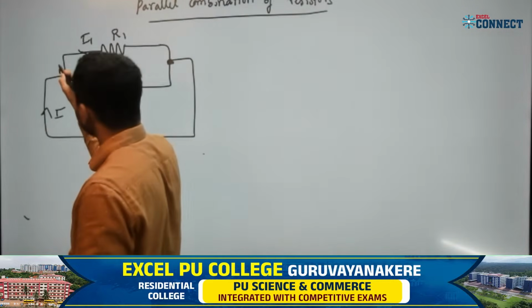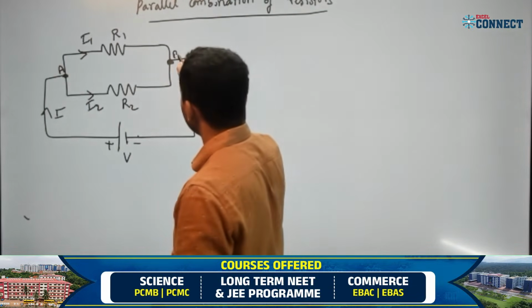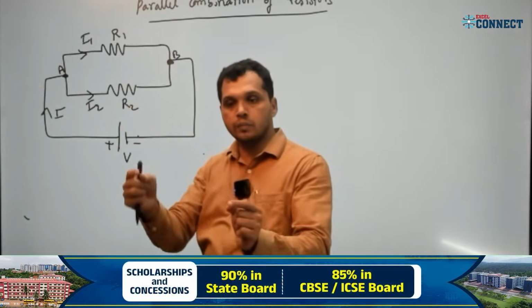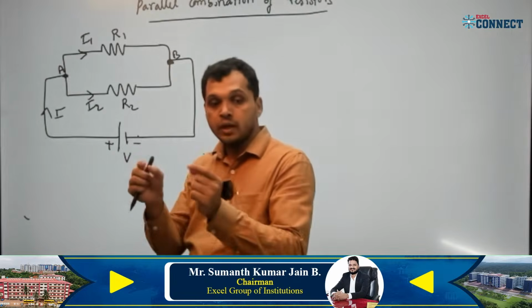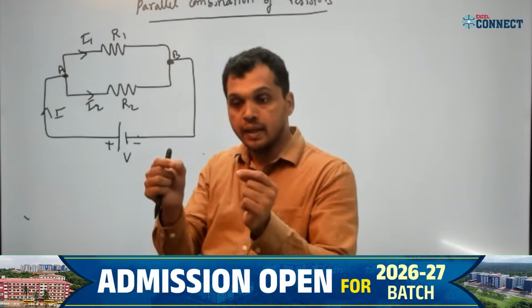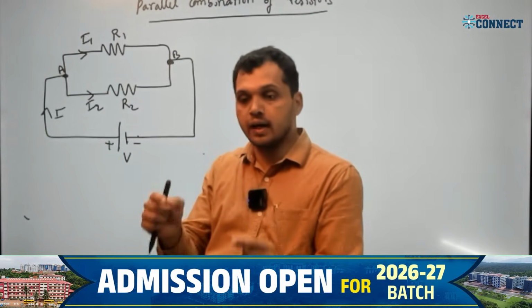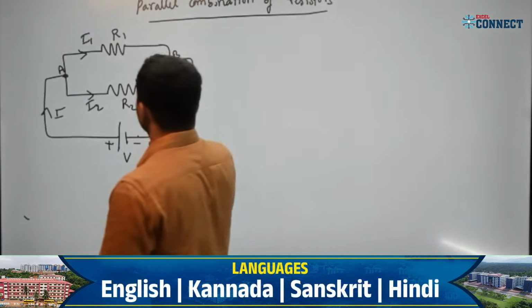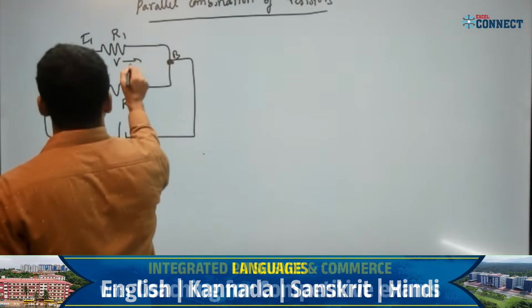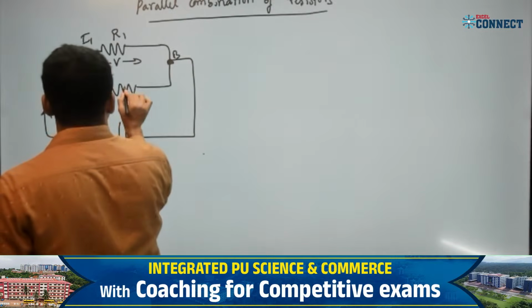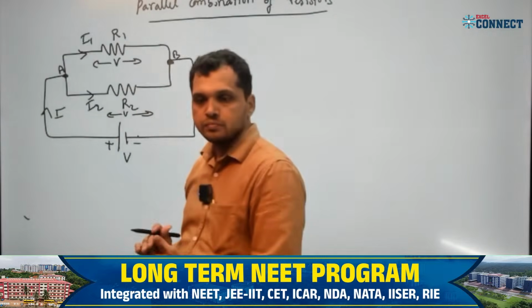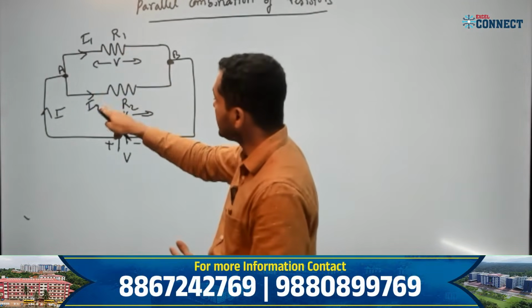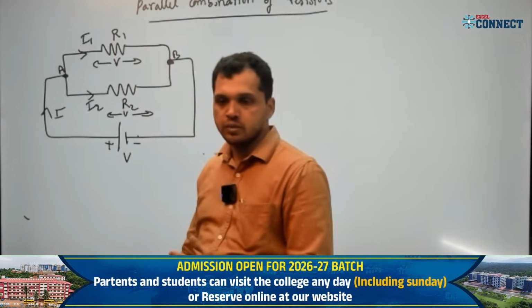I'll take this junction as A and this point as B. Between the two common terminals A and B, I have connected the two resistors R1 and R2, so the potential difference across both resistors is the same. Here also the potential is V, and here also V only. Is it clear? Potential is V, but current is different and resistance is different.